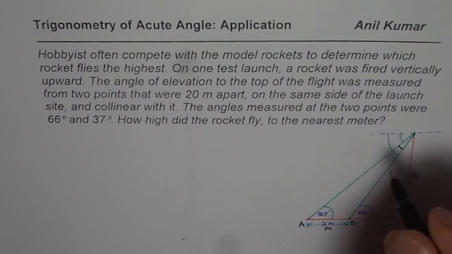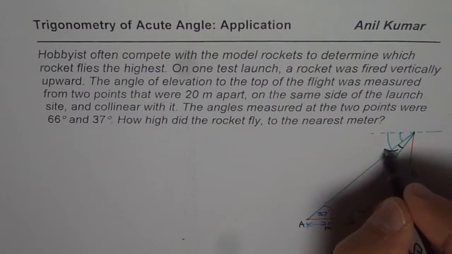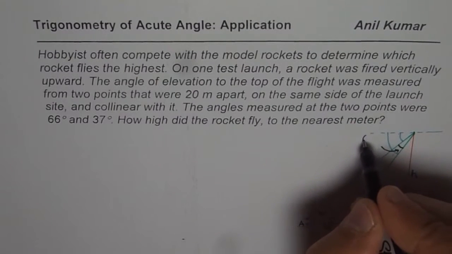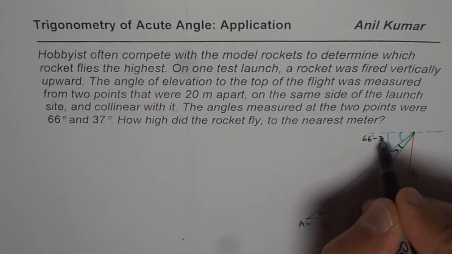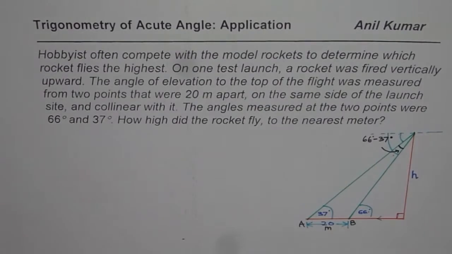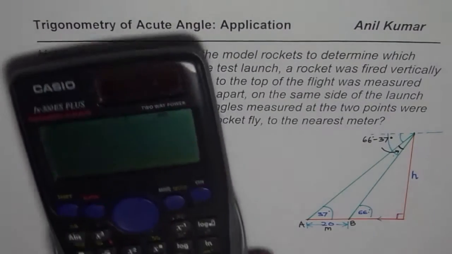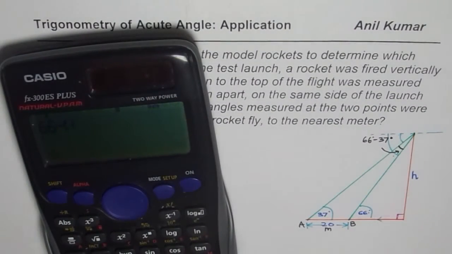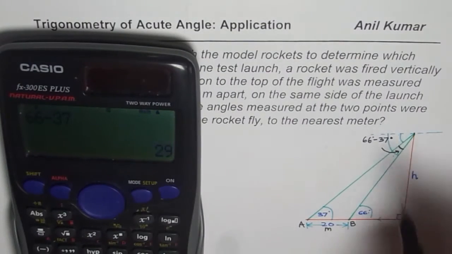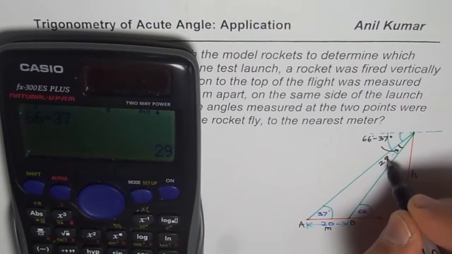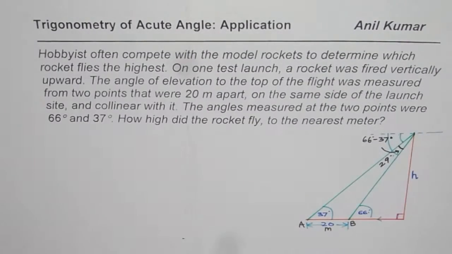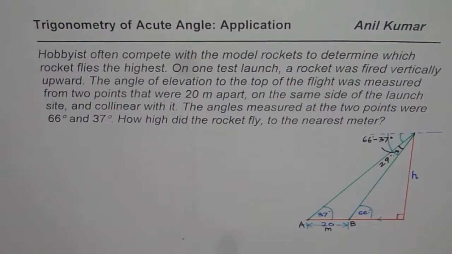So we know that this angle here is 66 degrees minus 37 degrees, correct? So we can use the calculator to do the needful. 66 minus 37, 29 degrees. So let me write 29 degrees here. So that is how we have the missing angle.